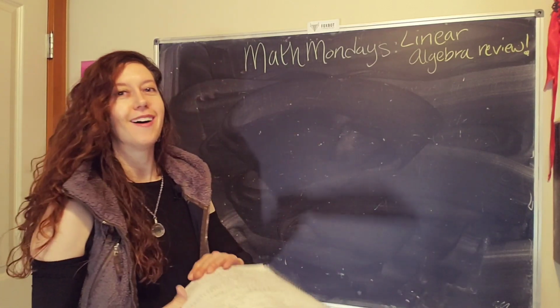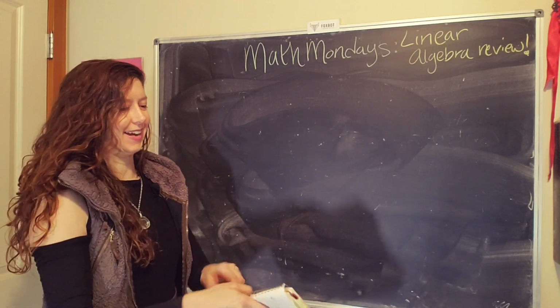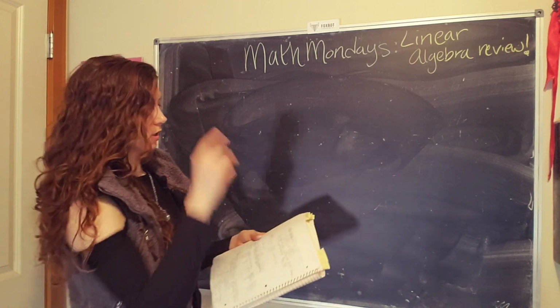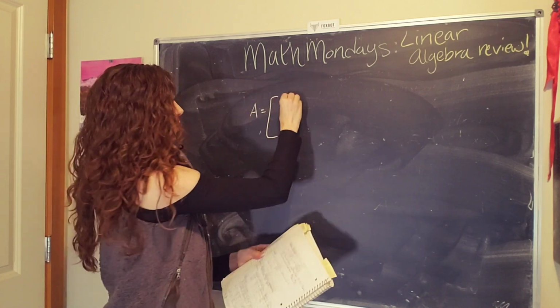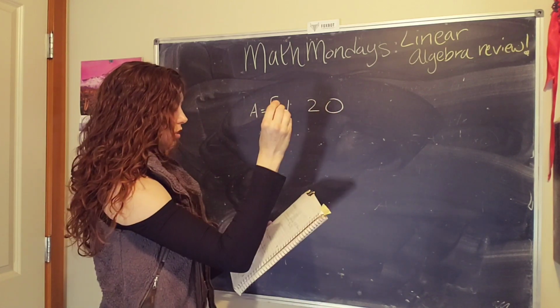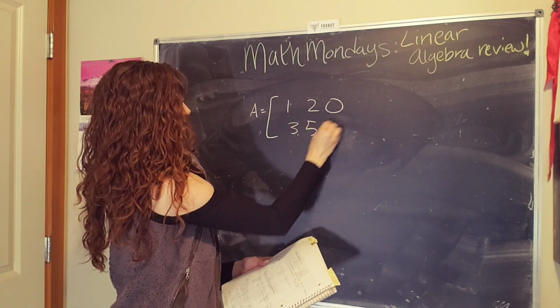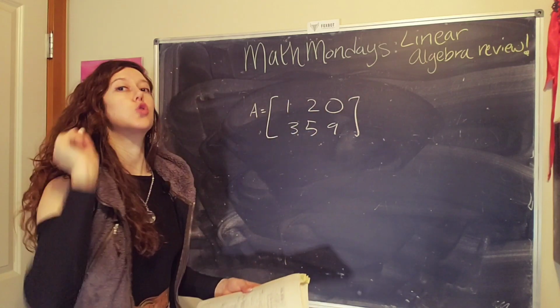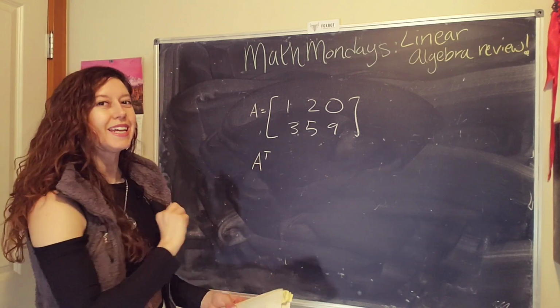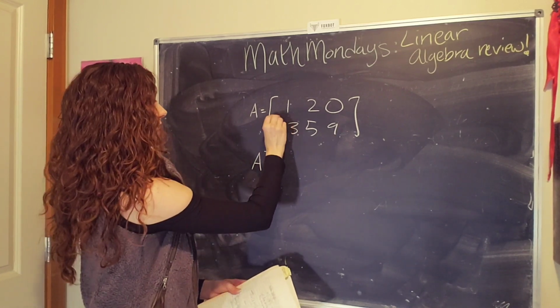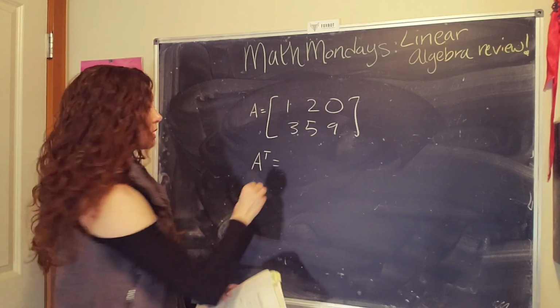Okay, lastly, transpose. Okay, so matrix transpose. Let's say we have a matrix A, which is equal to 1, 2, 0, and 3, 5, 9. The transpose, which is represented with the matrix with a capital T, is just taking the rows and flipping them to the columns.